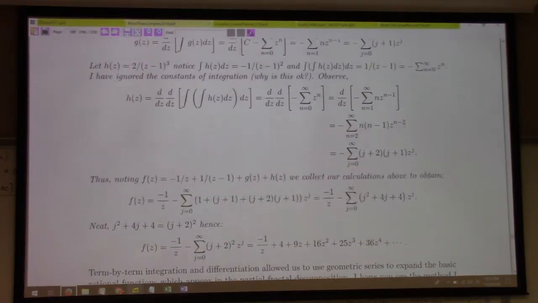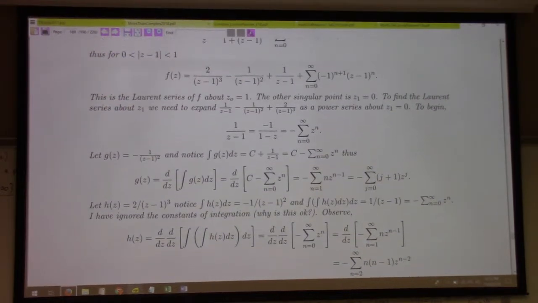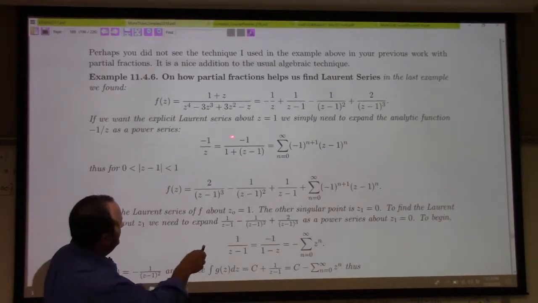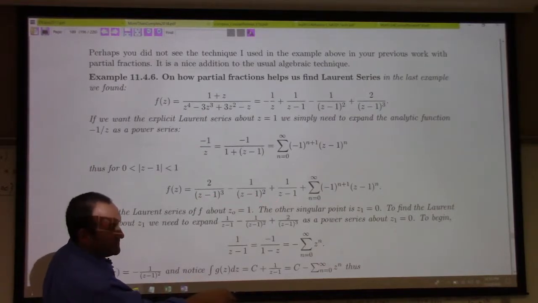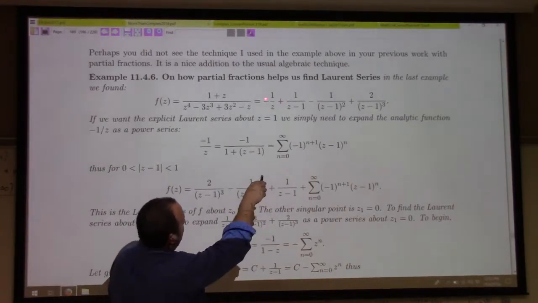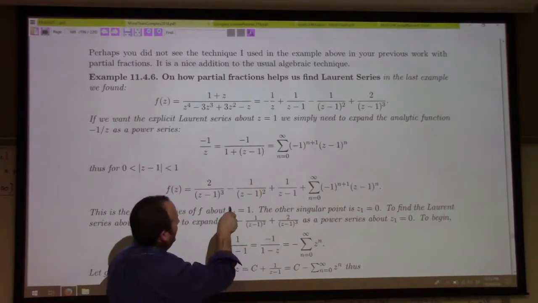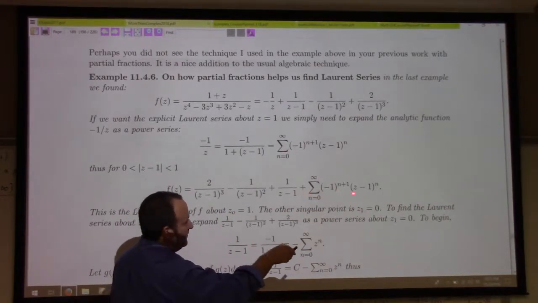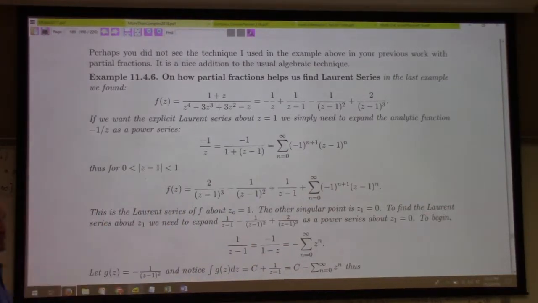The answer is clearly 0, because to find the expansion about 0, all I had to do was take this 1 over z term and rewrite it like that, and I was done. That's the Laurent expansion about 0, just a simple geometric series. This polynomial piece is coming from expanding that about 1, which I do by adding 1 and subtracting 1. So this is about 1. This is about 1. The more complicated one was about 1, actually.